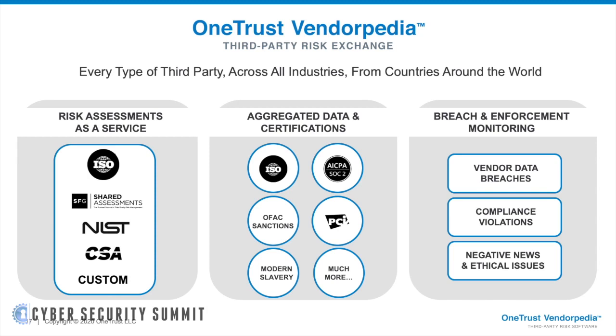Aggregating all of your data and certifications that are publicly available. Vendors also having the ability to update their profiles, make relevant adjustments on the information stored against them. And then lastly, monitoring breaches that occur with vendors, as well as regulatory updates. So are you able to tie into those data feeds that would ultimately give you access to the information that will round out your assessment of third parties?